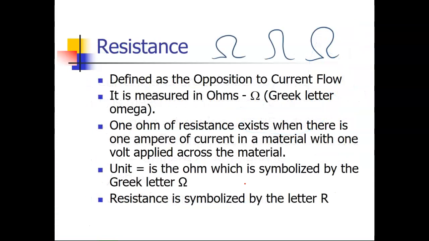All right. Then we have resistance, and there are a couple of different ways you can write this, but this is defined as the opposition to flow. So if we're looking at something like a river, I'm going to draw a winding river here. Flow is the movement of the river downstream, yeah?